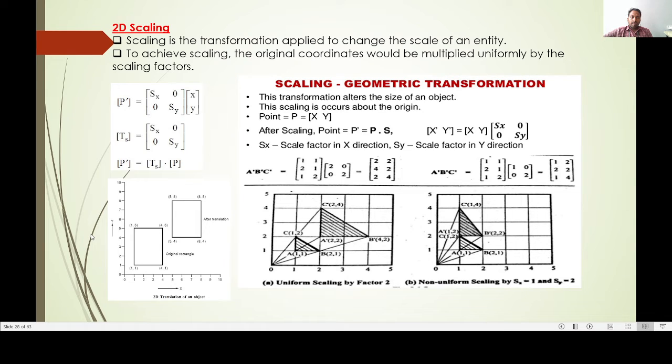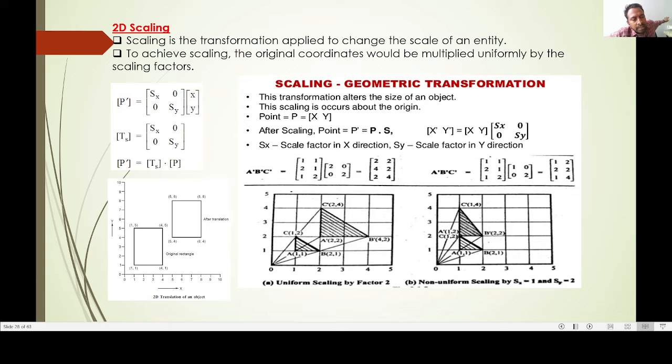From this drawing, we can easily identify what scaling is. Here the points are (1, 1), (4, 1), (4, 5) and (1, 5), which has the scaling value in the x direction Sx is 4 and Sy is 3. So we need to scale in the x direction by 4 units and in the y direction by 3 units.